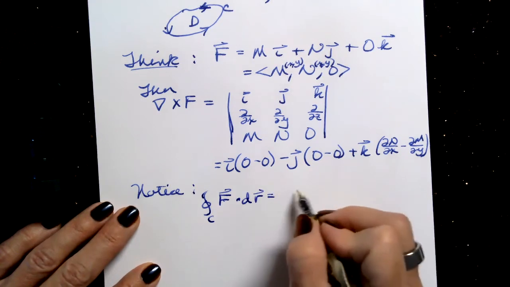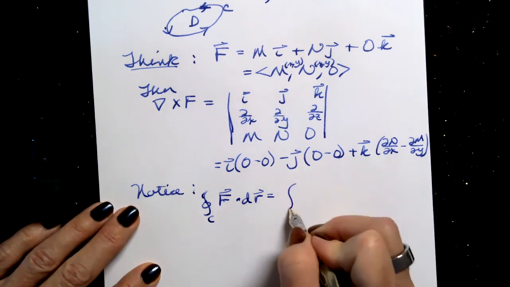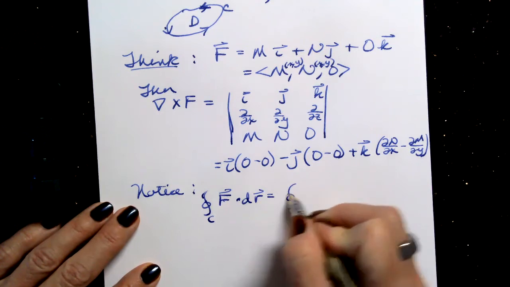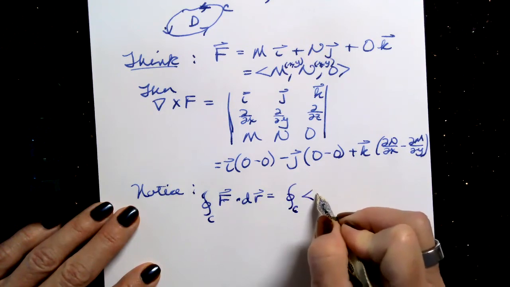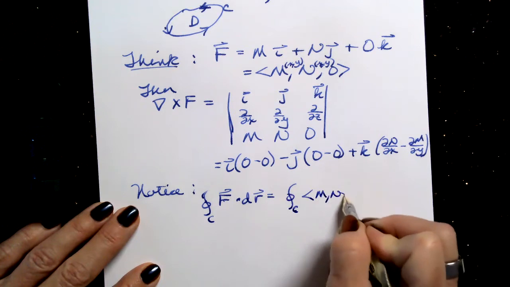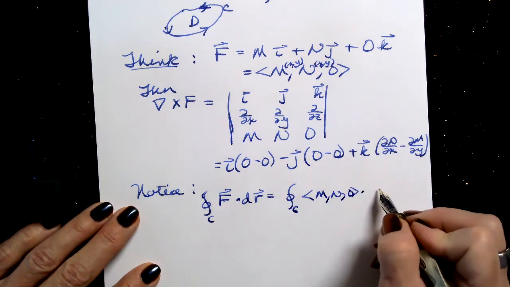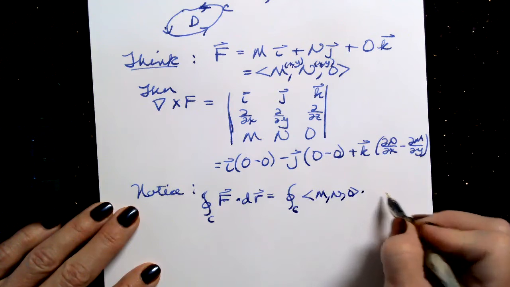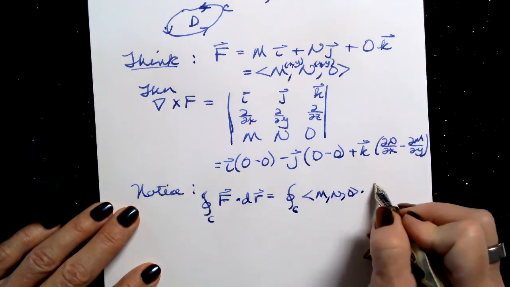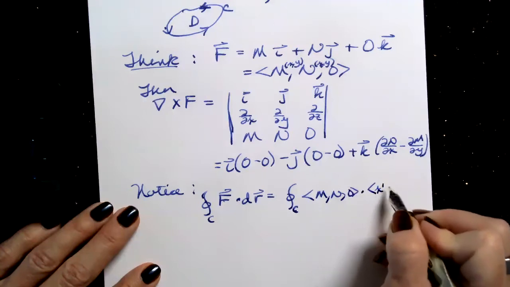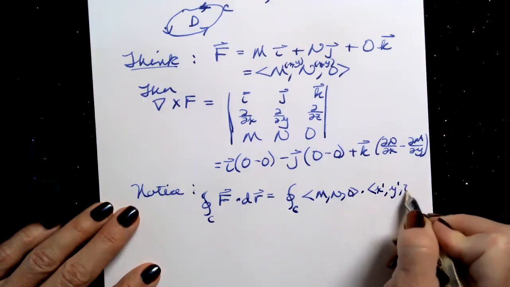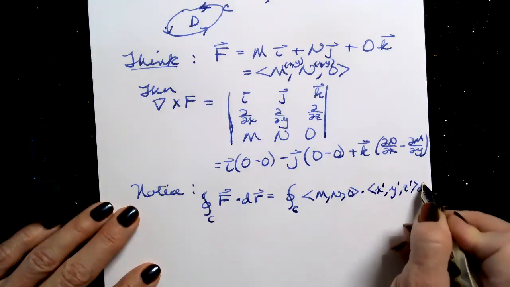That means the line integral over C of the vector field (M, N, 0) dotted with r prime of t. So you think, the parameterization of the curve would be x prime, y prime, z prime, and then dt.